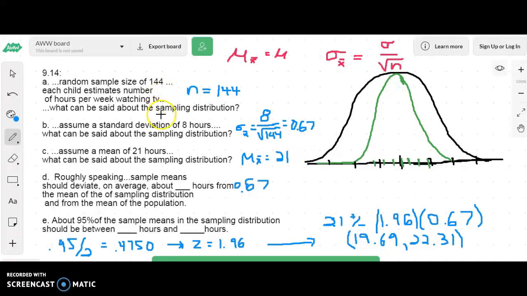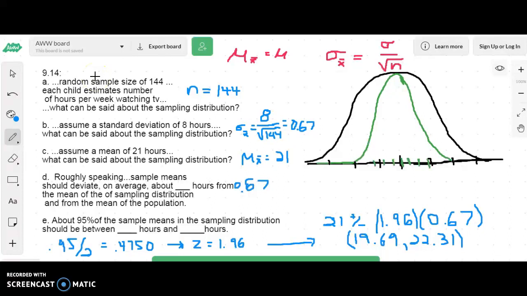The question now is, what can we say about the sampling distribution? Just to make sure we're all clear, the sampling distribution is not the distribution of all the individual students and the number of hours that they watch. The sampling distribution is the distribution of all of the possible random samples of size 144 that we can select out of that population.